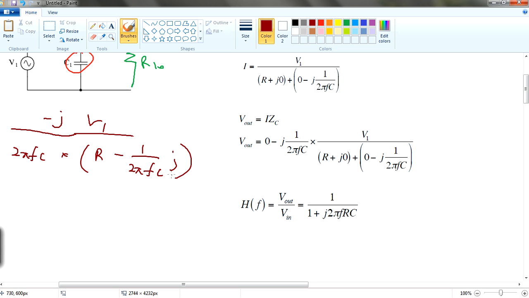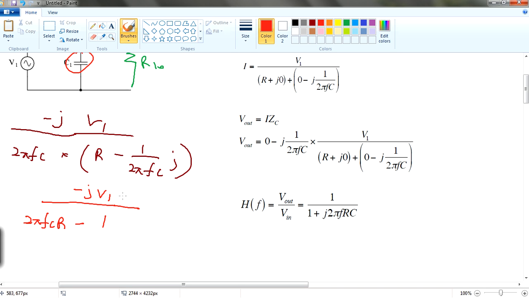So I can actually cancel out all the J, never mind, I'll just continue first. So minus J V1. I multiply in the 2 pi FC, I'll have 2 pi FCR minus 2 pi FC over 2 pi FC. So you know that this is 1. Let me cancel it away for simplicity.